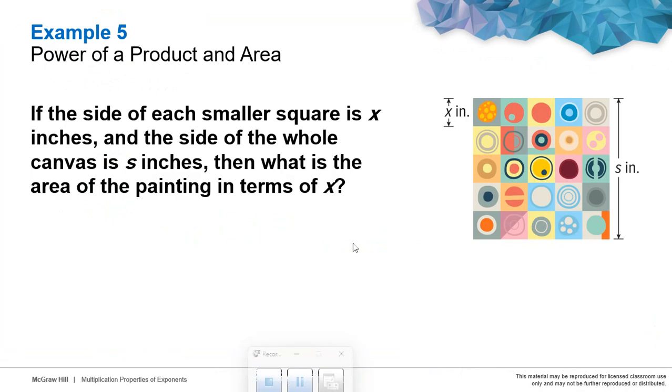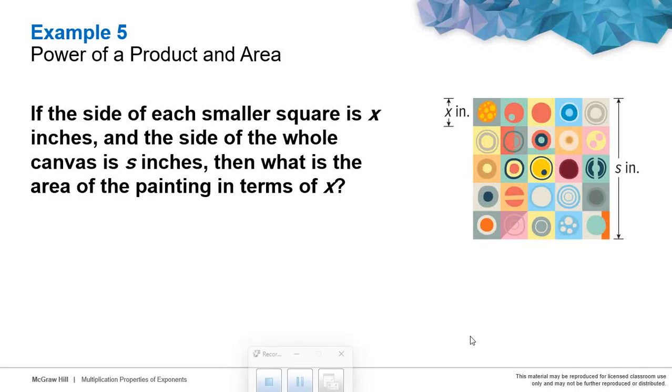Let's move to the next slide here. As you see, if the side of each smaller square is x, this is a smaller square, as you see, and the side of the whole canvas is s, this is the whole, then what is the area of the painting in terms of x? How to find the area? Let's start.